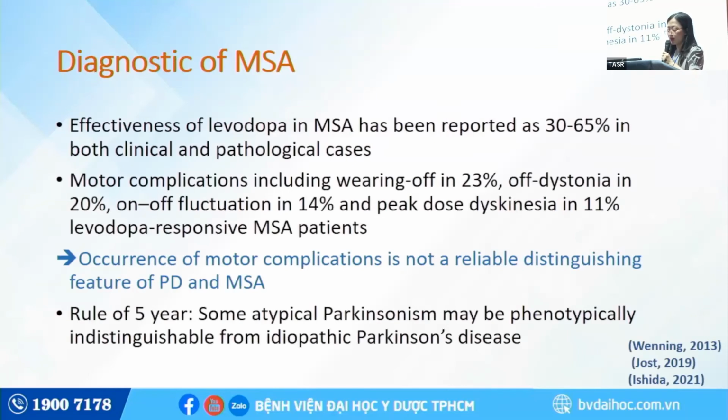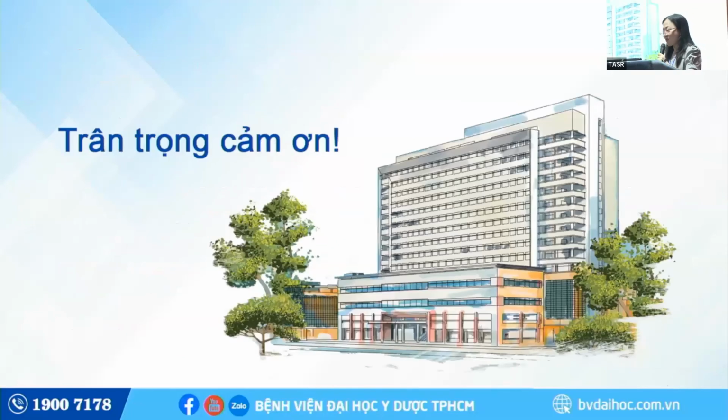So the occurrence of motor complications is not a reliable distinguishing feature of PD and MSA. And this is what I have been taught through these 5 years. Some atypical Parkinsonism may be phenotypically indistinguishable from idiopathic Parkinson's disease during the first 5 years. This is the end of my presentation. Thank you so much for your attention. Thank you very much.